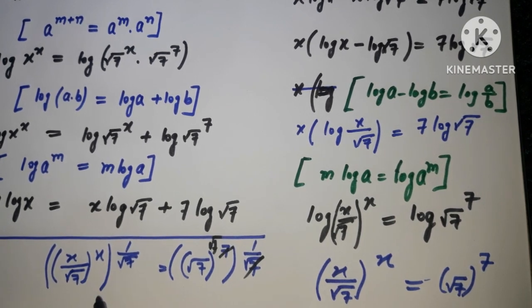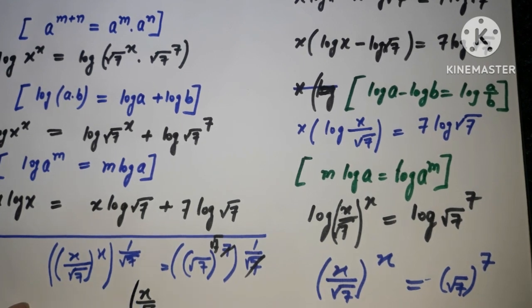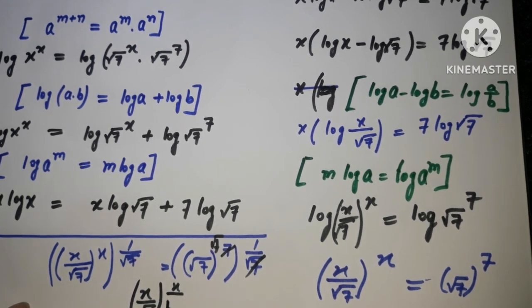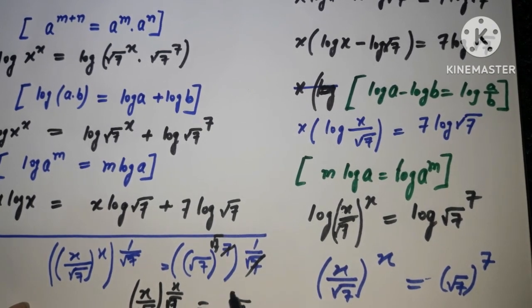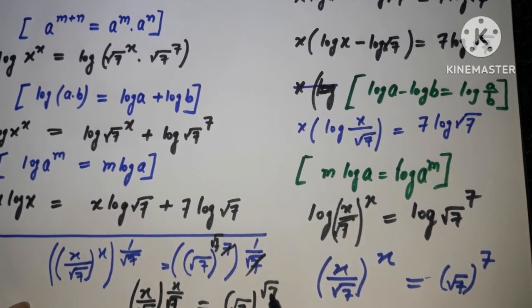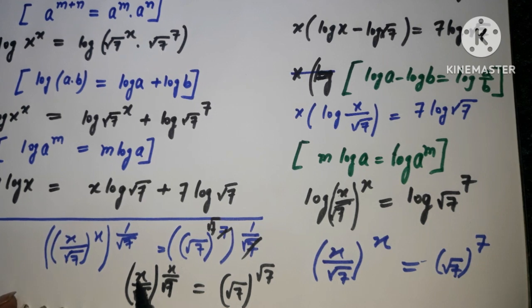So this will give us the result in this way: x by root 7 power x by root 7 is equal to root 7 power root 7. Now you can easily say that here x upon root 7, x upon root 7, and here root 7 power root 7, same base same power.